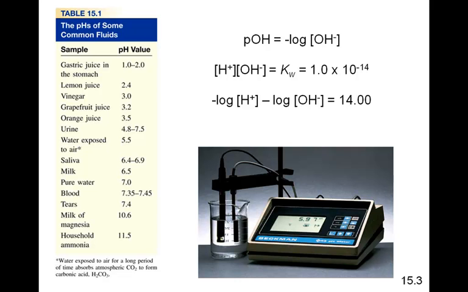Since minus the log of the H plus concentration is the pH, and minus the log of the OH minus concentration is the pOH, it turns out that the sum of the pH plus the pOH add up to be equal to 14. Which is really useful because if we knew the pH, we could find the pOH in a certain situation, or if we knew the pOH, we can find the pH.